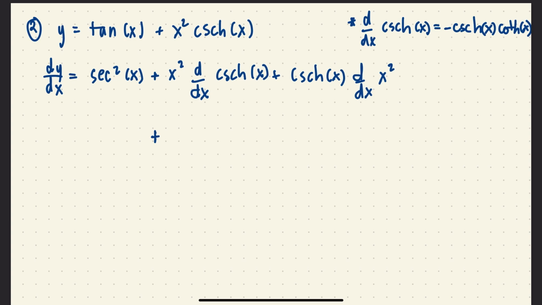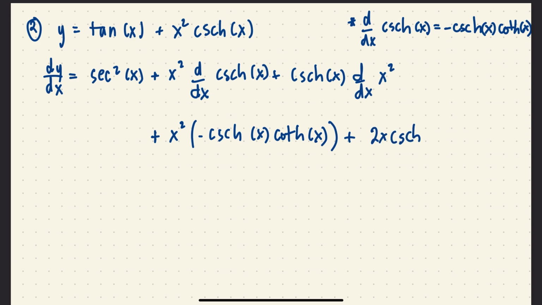So we apply the derivative of our hyperbolic cosecant of x, which is simply negative hyperbolic cosecant of x times the hyperbolic cotangent of x, plus x squared becomes 2x then multiplied by the hyperbolic cosecant of x.